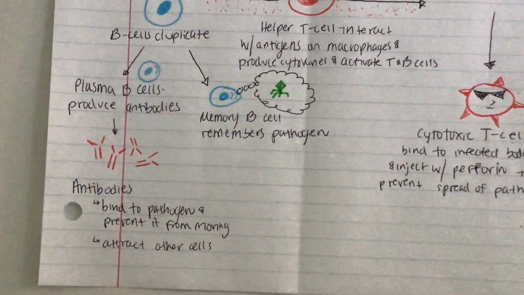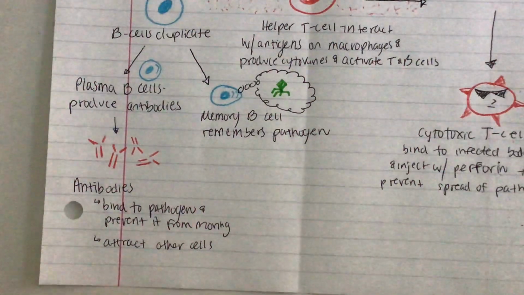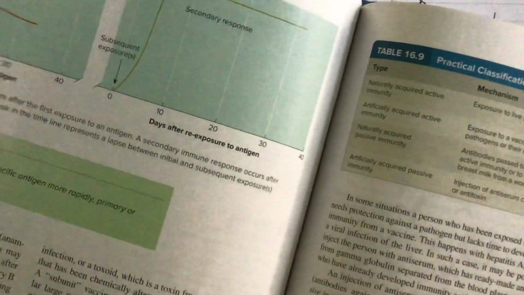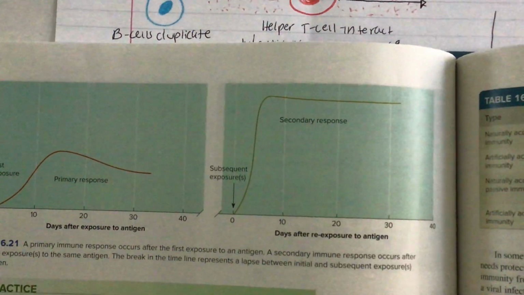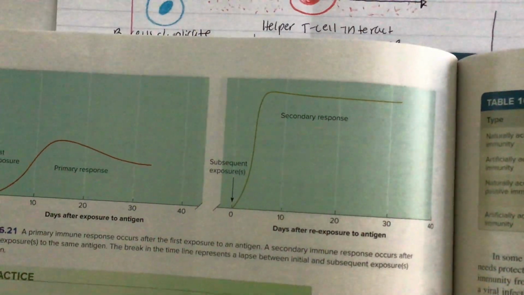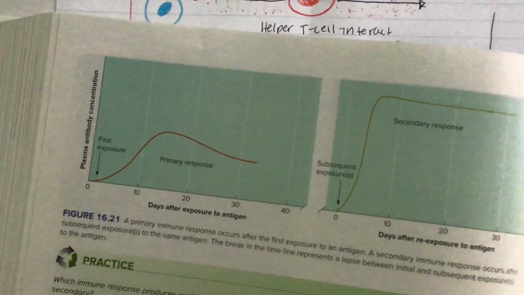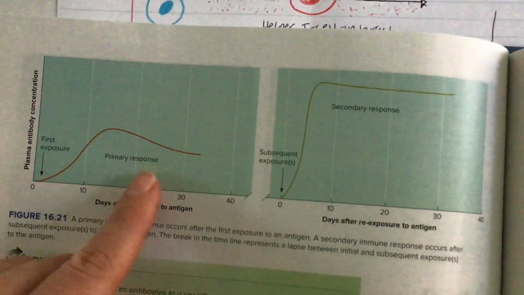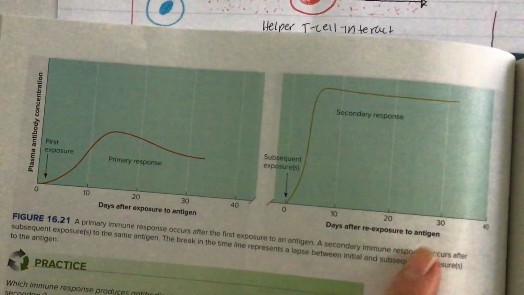Okay. So I want to show you a little picture from your textbook. A little graph that shows the antibody concentration after the first time it's been introduced and the second time it's been introduced.